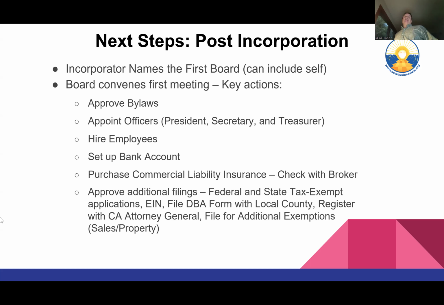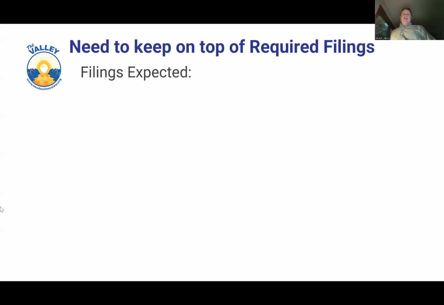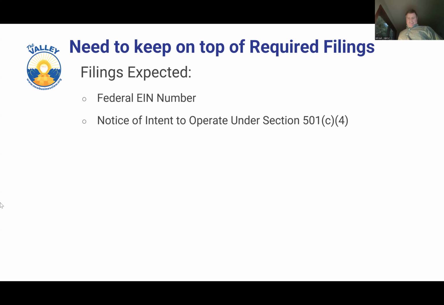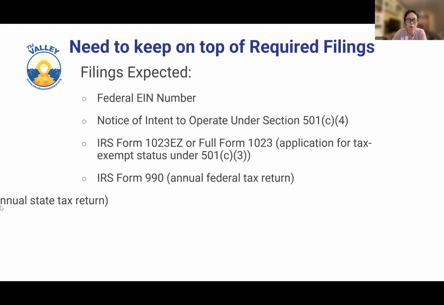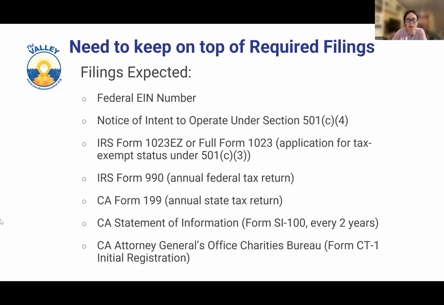The place where it gets a little bit more pricey is when you get to tax exemption. So yeah, Jen, let's see. Next thing, what do we got? Oh yes, the filings. Maybe you could say a little bit more about the filings here. Yeah, so here's a list of important filings that we often remind our clients to complete after incorporation.